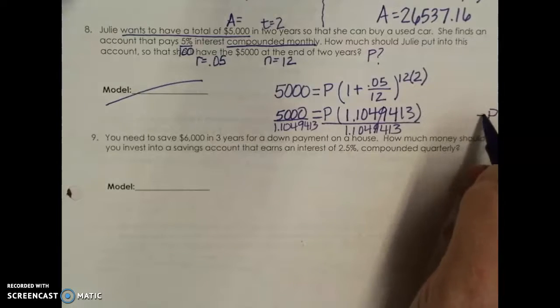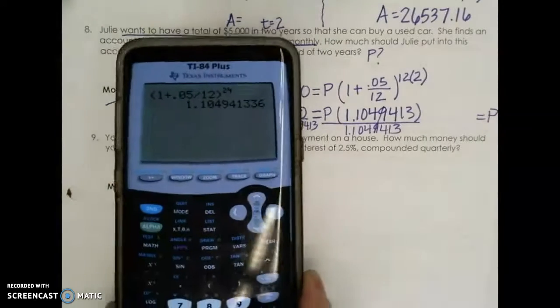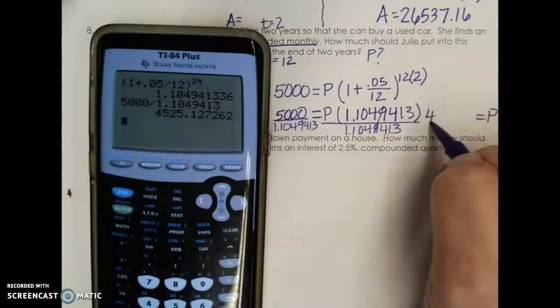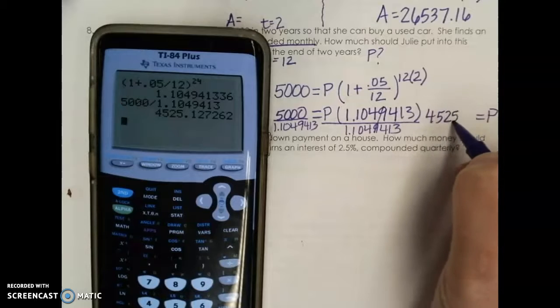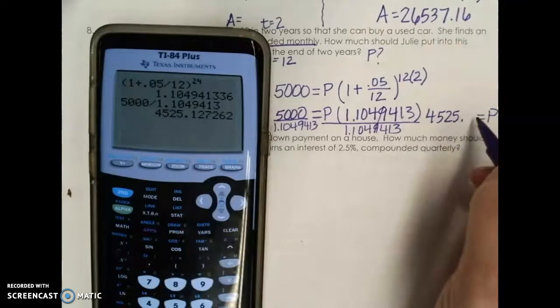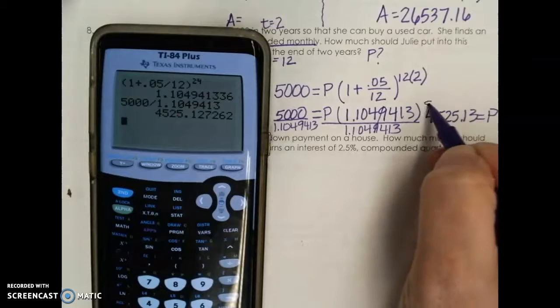So my principal will be whatever 5,000 divided by 1.1049413 is: 4525 point, and that'd be 12 cents, except the next one is a 7, so we'll go ahead and round it up to 13 cents.